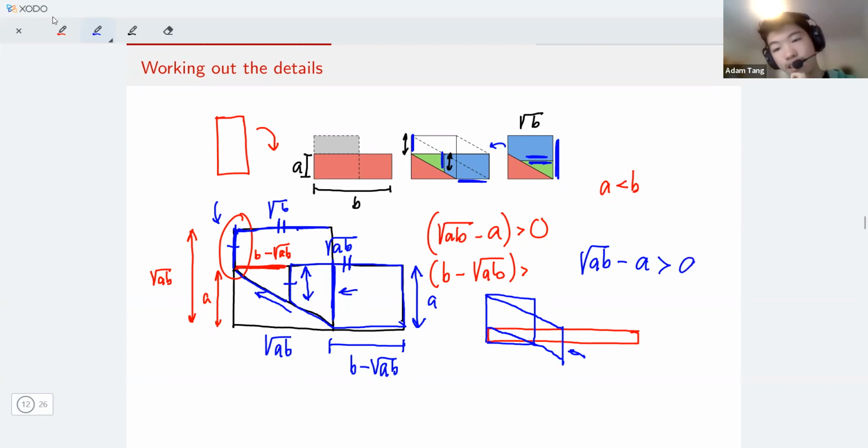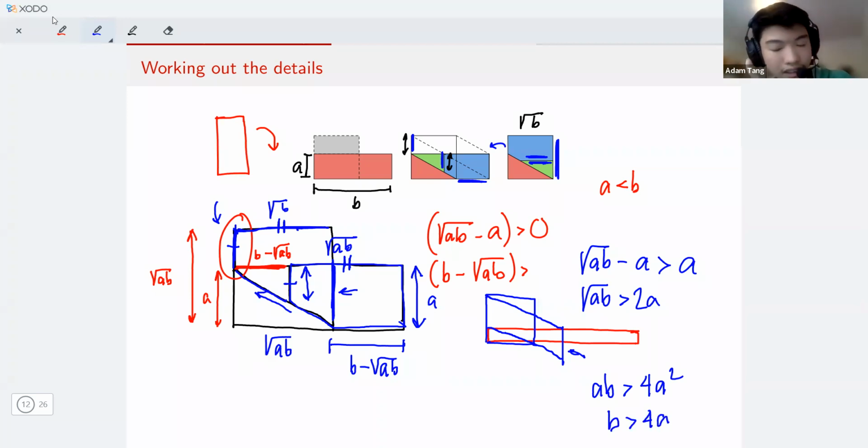That is simply A. This means that we can just solve for this. So root AB is greater than 2A. So AB is greater than 4A squared, right? We square both sides, and then we end up with B greater than 4A. So what this means is if the rectangle is more than 4 times as wide as it is tall, then this is in fact impossible.